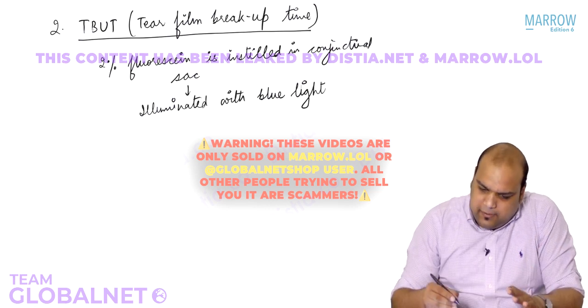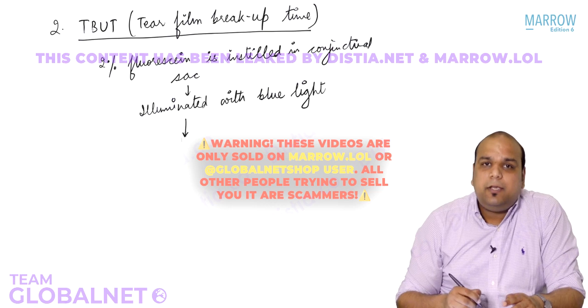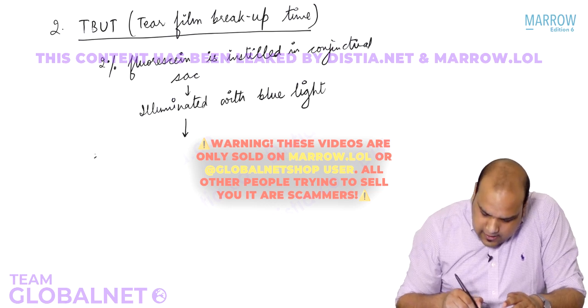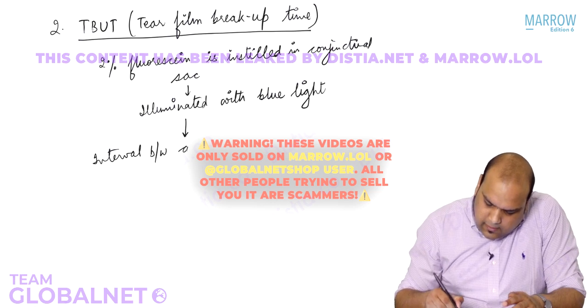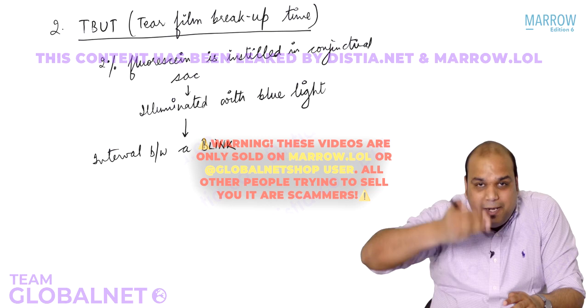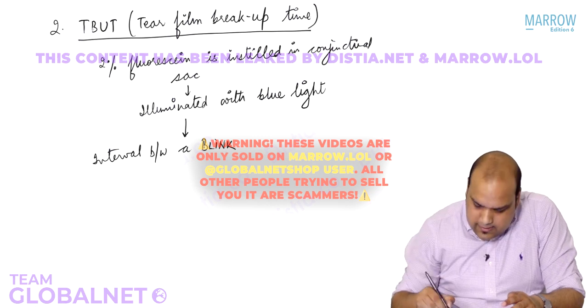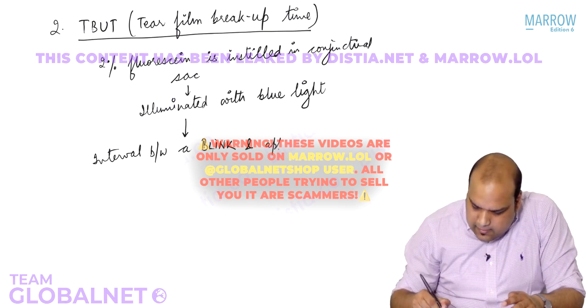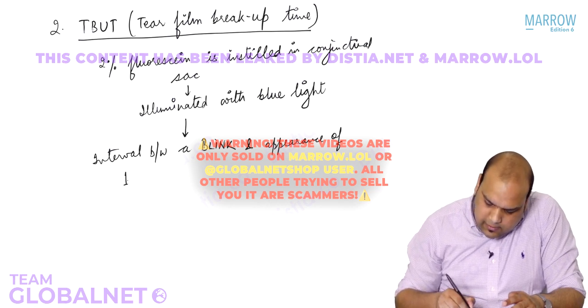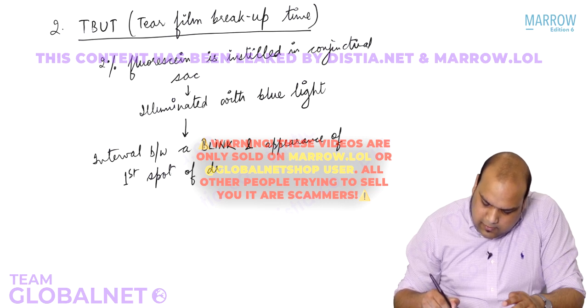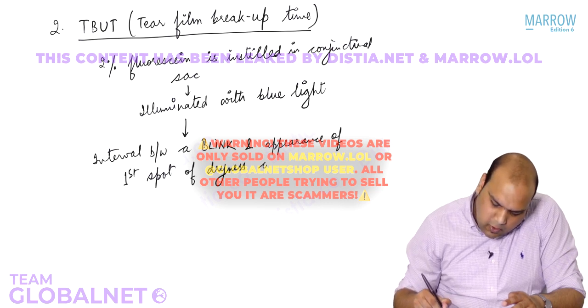Now, after this, everybody, what do we notice? We notice the interval between a blink. When you blink, it will spread the tear film all throughout, yes? And the appearance of the first spot of dryness on the cornea.